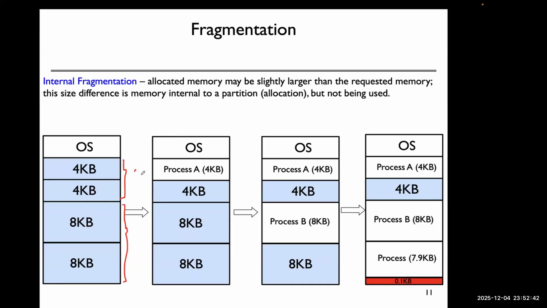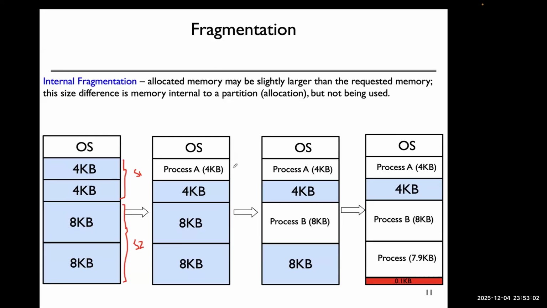Let me give them names for easy referencing, set 1 and set 2. If you have a request by a process for a memory size of 4 kilobyte or less, you will assign it a chunk from the set S1, right?